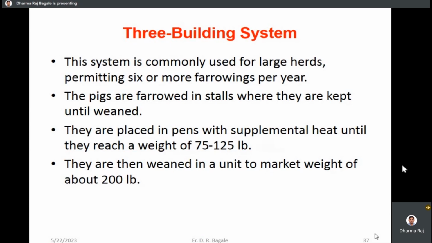After that, at the last stage, they are transferred to a third building, where they are weaned and fed, and ultimately they are made ready for the market when their weight is about 200 pounds or more.